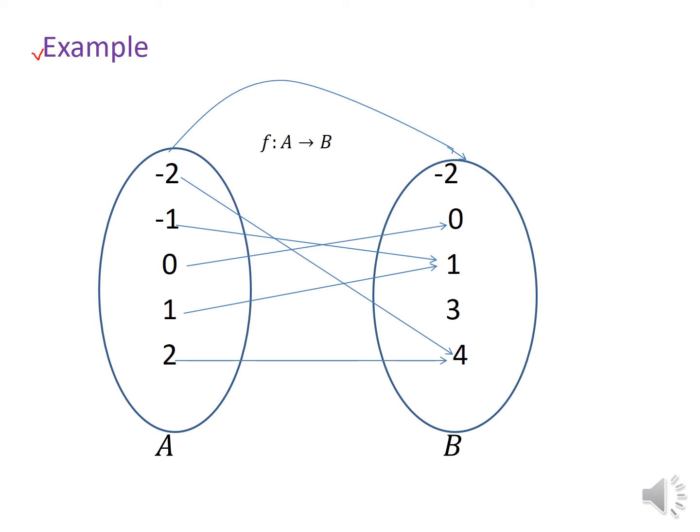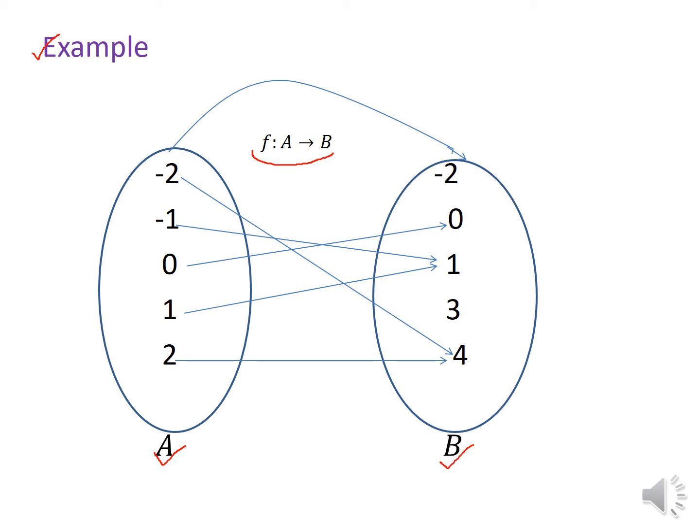So here is an example. We have an example here. So here the function f is from A to B. Here A is the domain of the function f and B is the codomain of the function f.